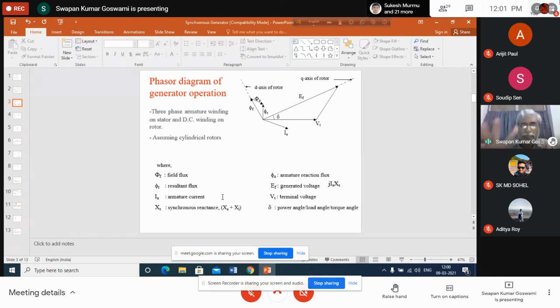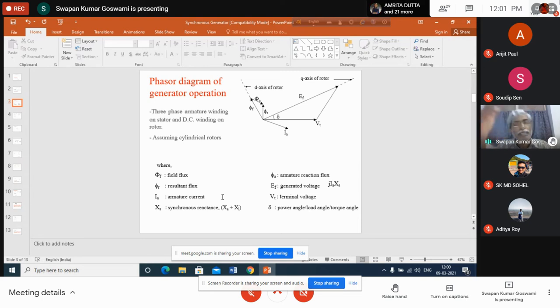Now, have you understood that by changing the field current of the generator, armature current also will change, and since armature current is changing, armature reaction flux also will change. As a result, there will be a change in the value of delta also. Therefore, delta has changed when we attempted to change the value of field current.